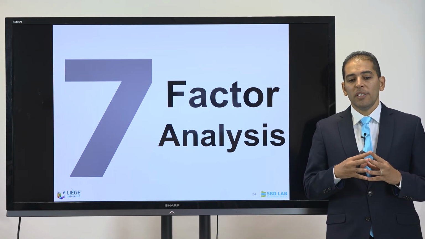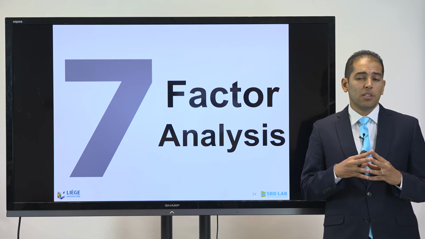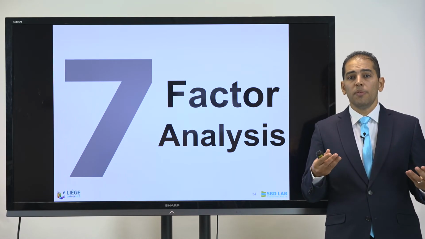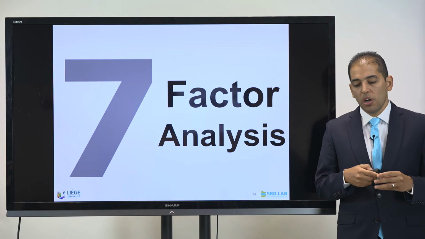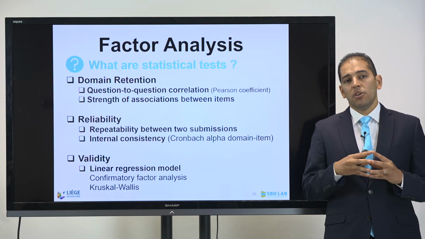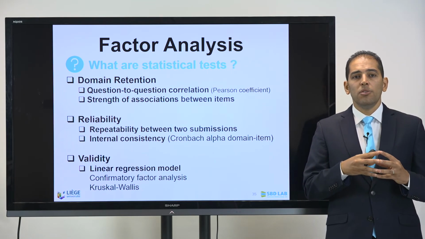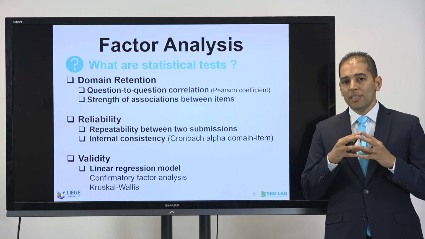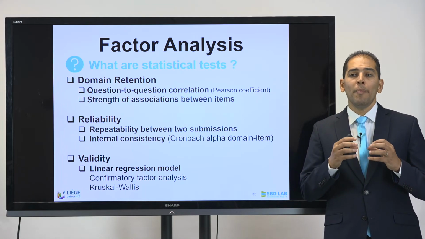Now, the last part of today's presentation will focus on factor analysis, which is the statistical test that you will perform in order to start analyzing the results of your survey. Make sure that you understand that you will use a series of statistical tests. Some of the tests correspond to domain retention.